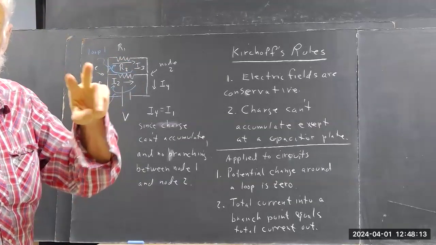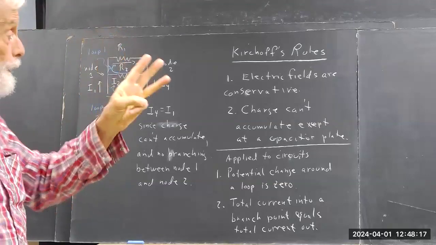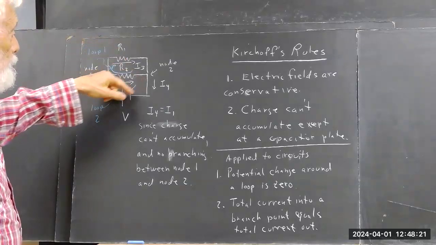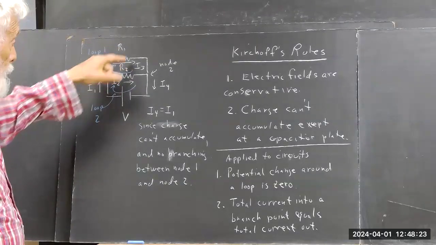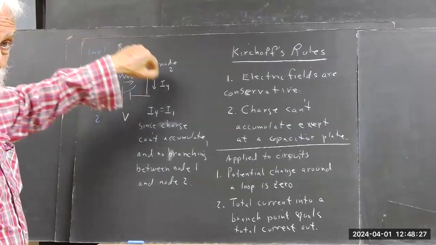There are 3 possible loops in this circuit. There's this loop, there's this loop, and of course, there's a loop that's the whole circuit.